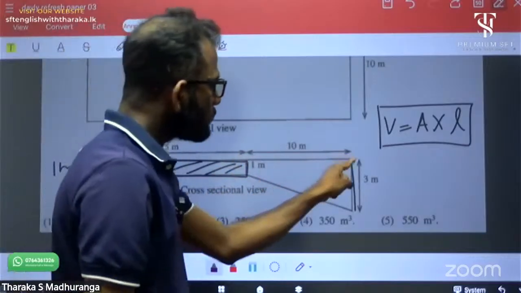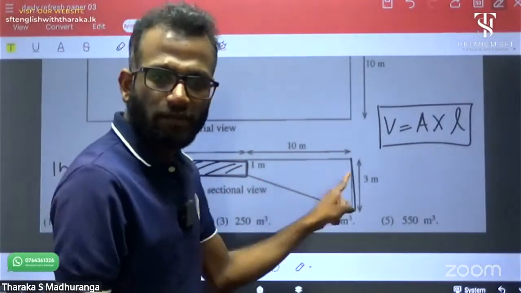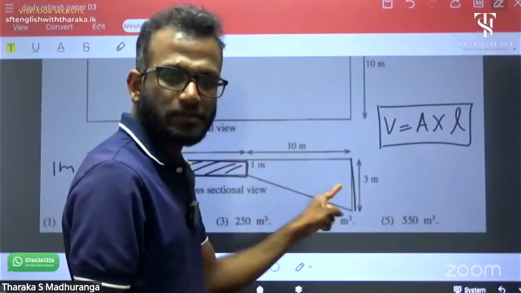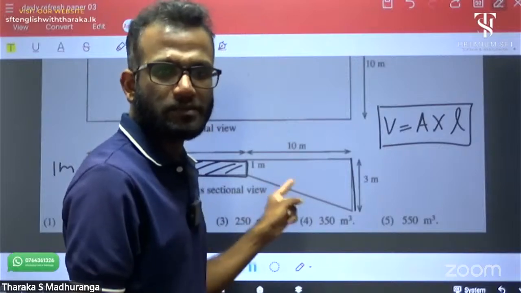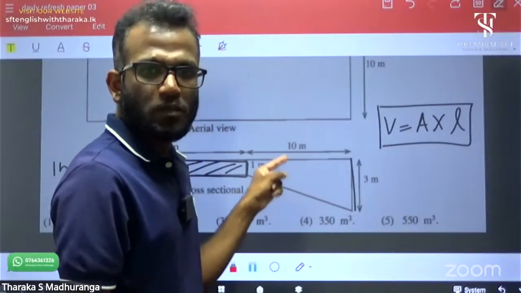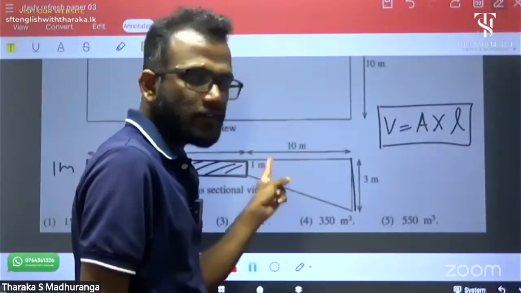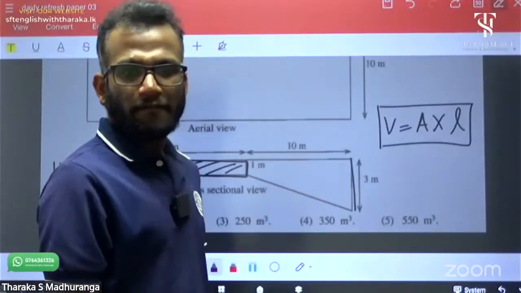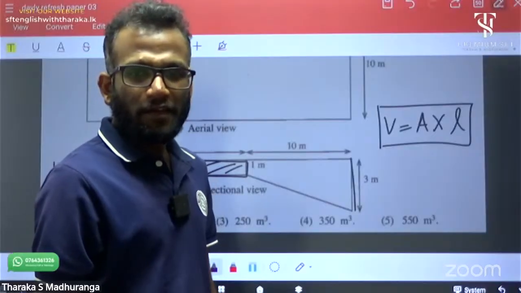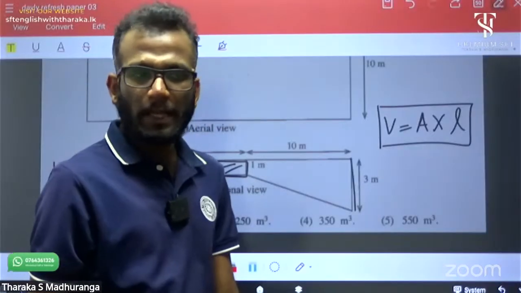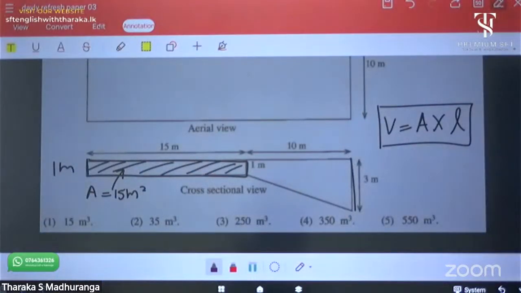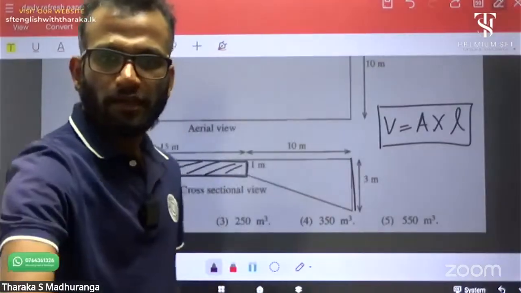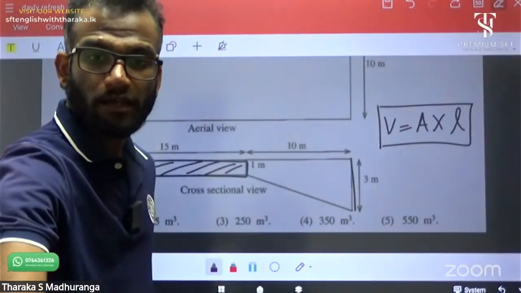Now how about the shape of this part? What's the name of this geometric shape? Why are you taking time? What's the name of the geometric shape? Don't know? It's a trapezium. Very good.